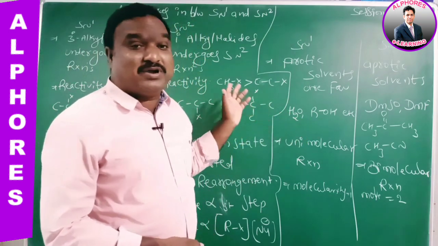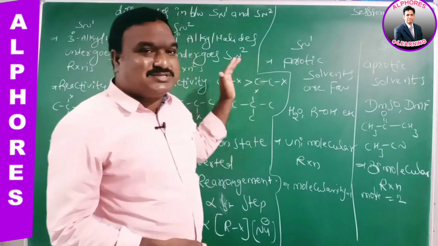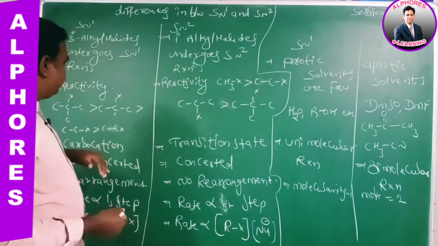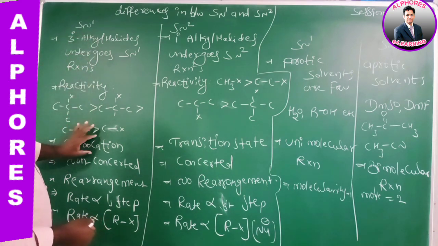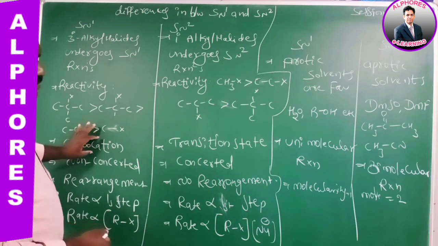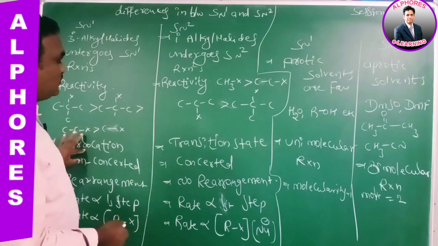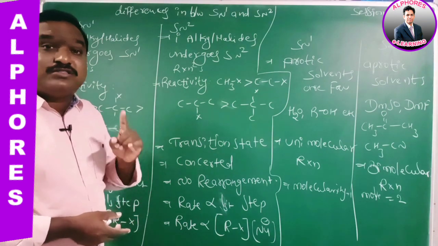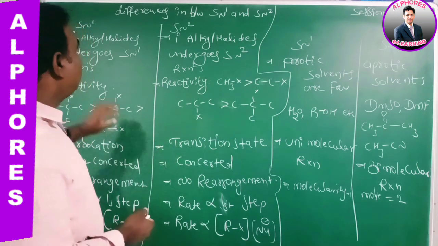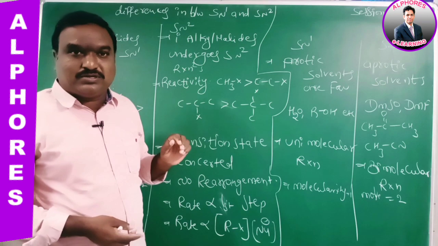We have already given the mechanism for unimolecular nucleophilic substitution reactions. So what type of intermediate is possible in unimolecular reactions? A positive carbocation intermediate is possible in this case. If a more stable carbocation is possible, that compound's reactivity is more in unimolecular nucleophilic substitution reactions.